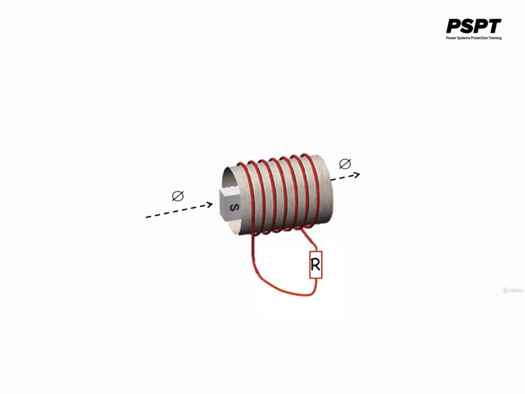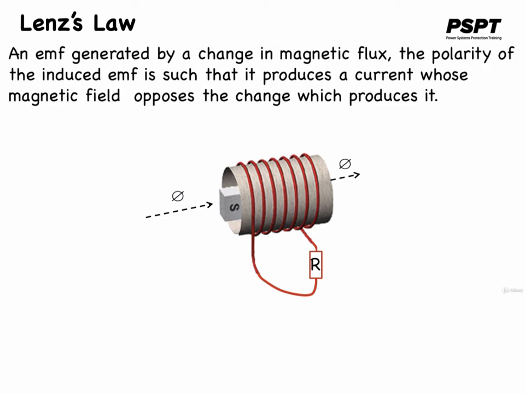This brings us to another significant law of electromagnetic induction called Lenz's law. Lenz's law goes along with Faraday's law in that it states when an EMF is generated by a change of magnetic flux, according to Faraday's law, the polarity of the induced EMF is such that it produces a current whose magnetic field opposes the change which produces it.